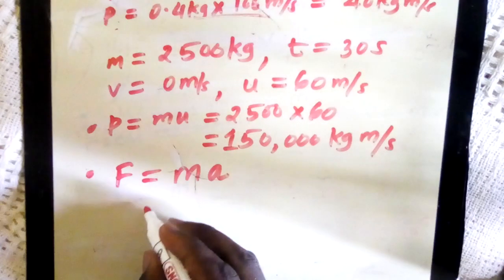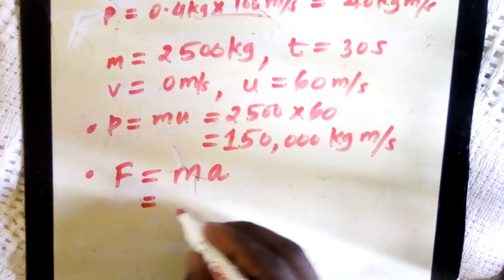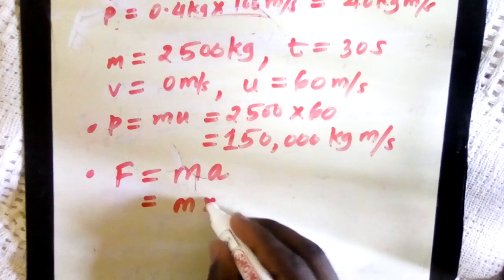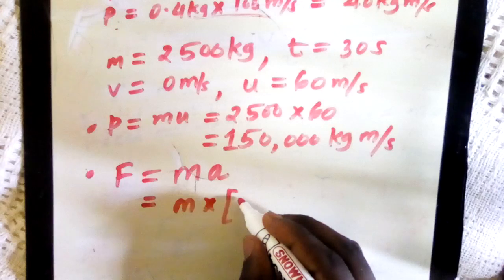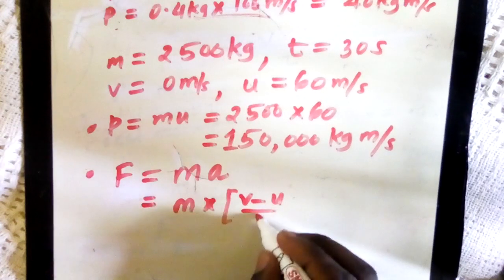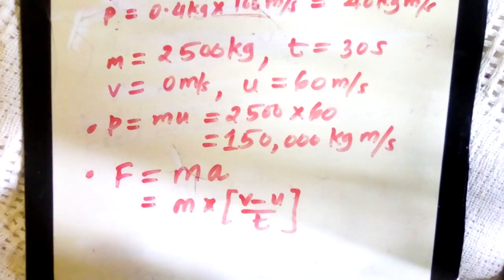So we can go ahead and expand this formula. Take the mass, you multiply by this expansion, v minus u over t. We just close the brackets.